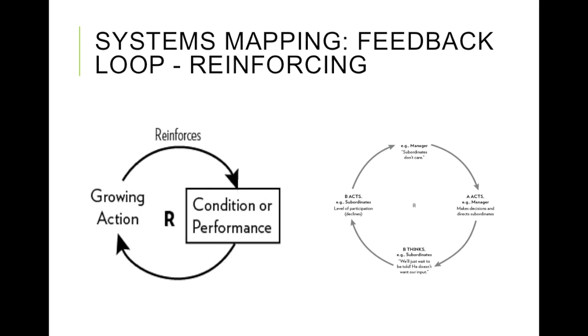Because of that, they're sort of leaning back and say, well, I'm not going to contribute anyways. And then the manager thinks that my subordinates don't care, and he's then more inclined even to make decisions on their behalf. So then this is a very social example of a self-reinforcing feedback loop in the system of an organization where the manager and his employees interact with each other.